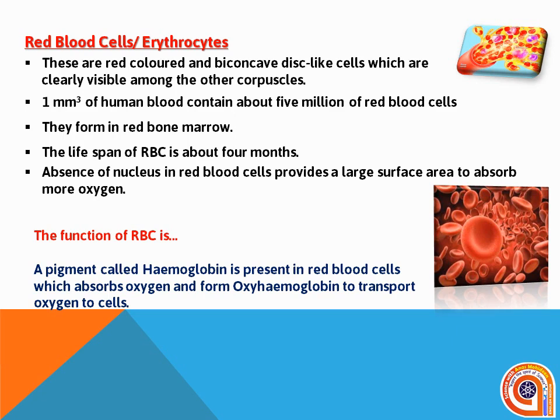Once combined, it forms oxyhemoglobin, and that is what will be transported towards the living cells, living tissues. Accordingly, the oxygen that we inhale will be absorbed into the blood and transmitted towards the living cells. And this is the function of red blood cells.